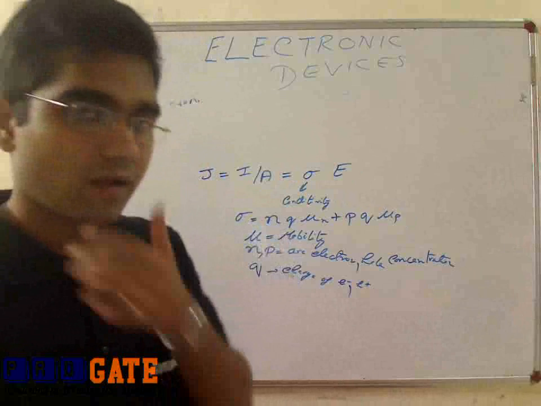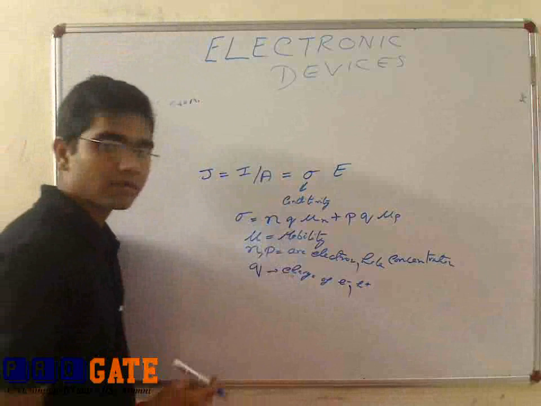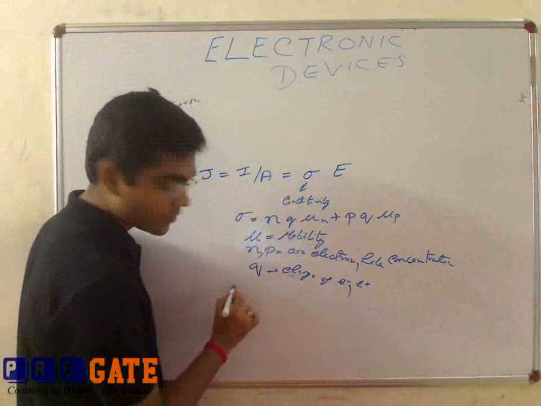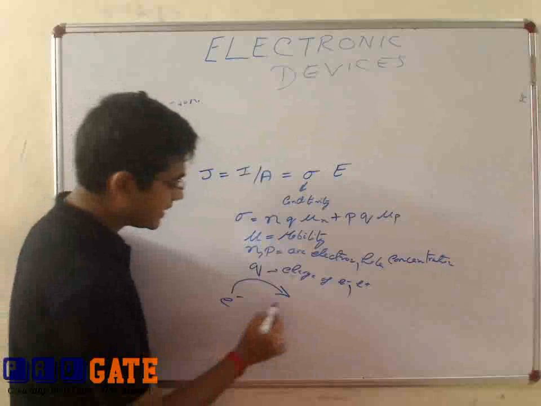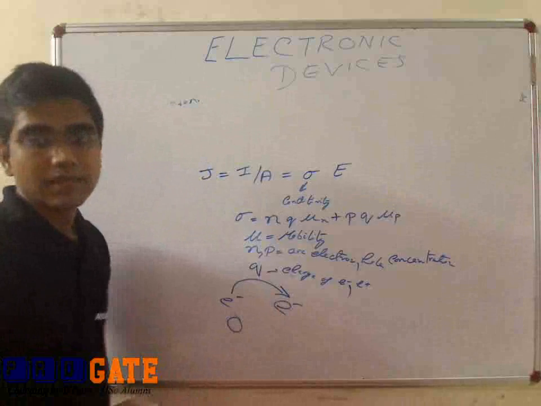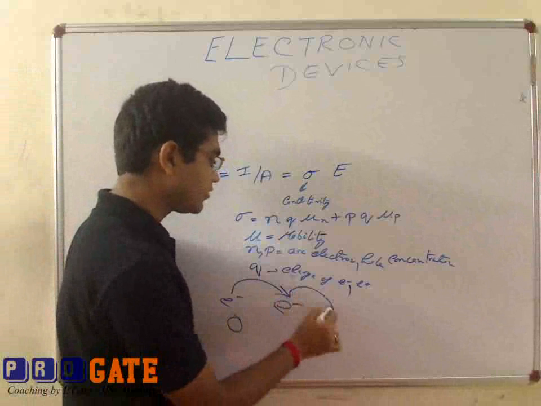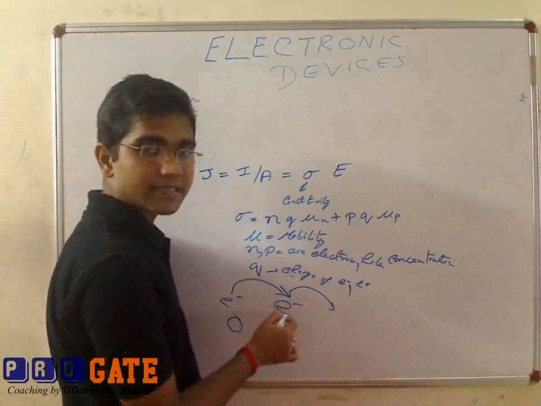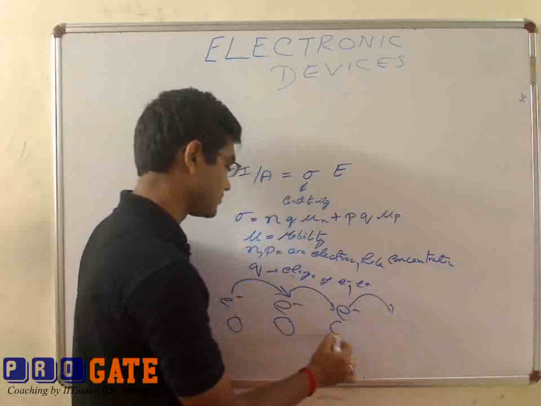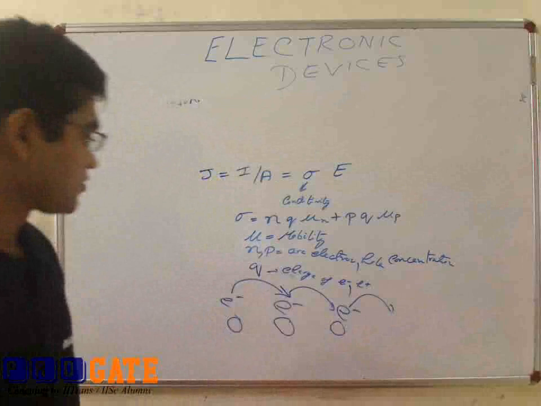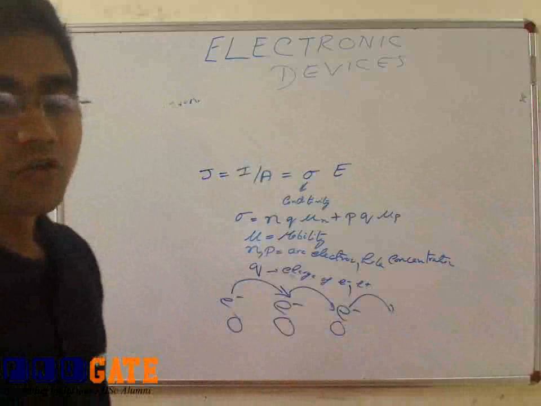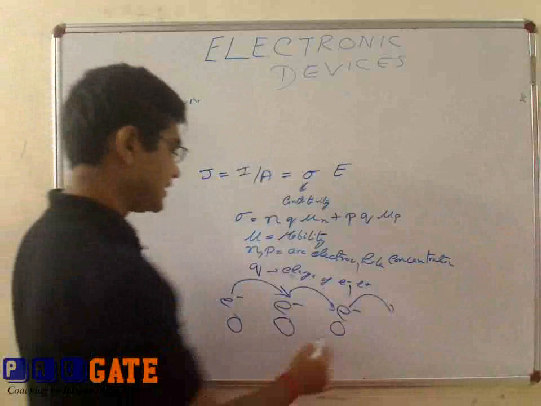Now we see that if this electron hops from here to here, we will get the electron here, but we will have a hole here. Similarly, if the electron jumps from here to here, keeping this extra space, a hole is formed here and the electron reaches here. Similarly like this, the direction of flow of holes is in this direction.